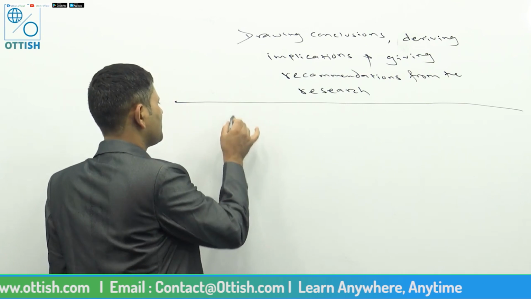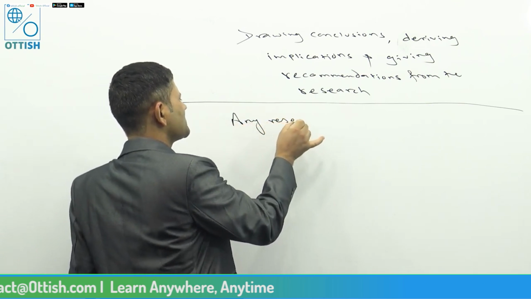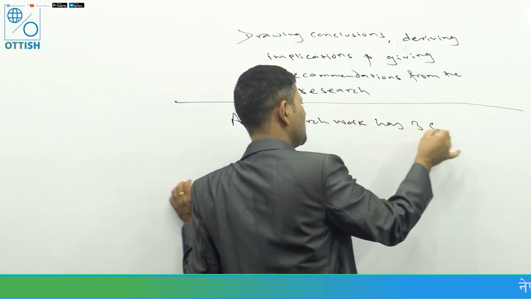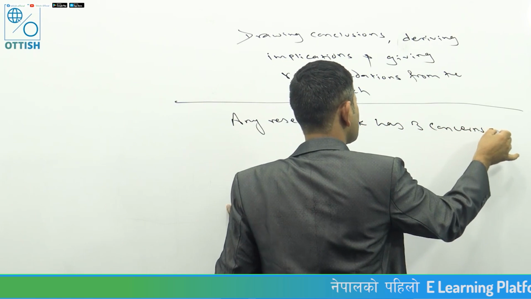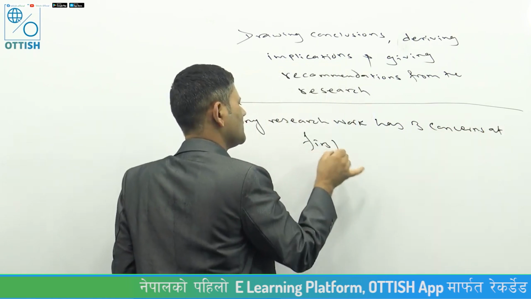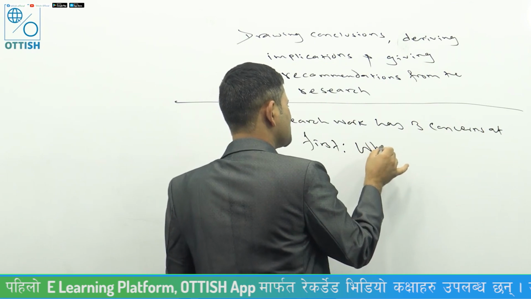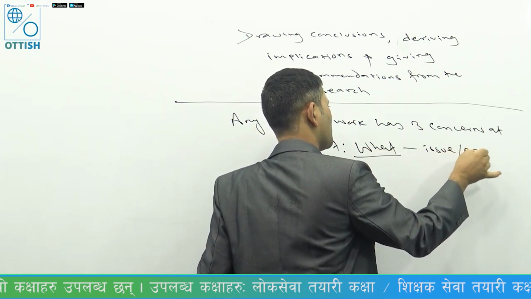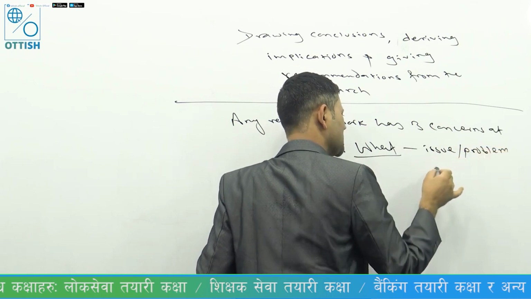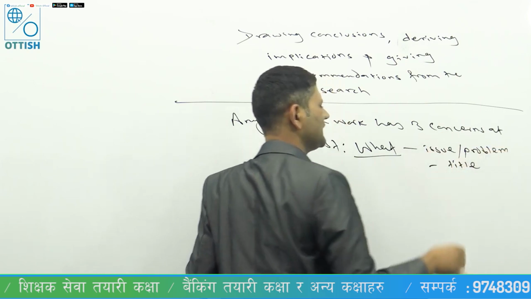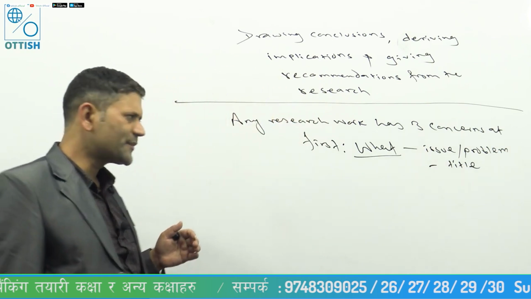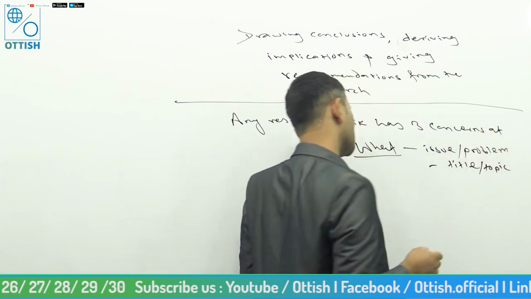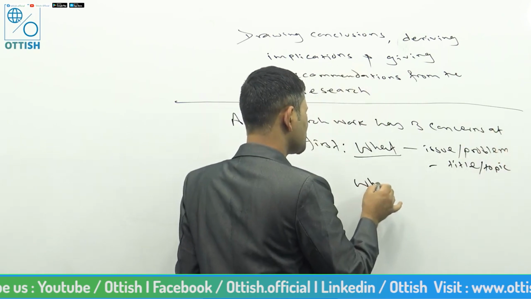So any research work has three concerns at first. What to study: the issue or problem, we can say the title of our study. We need to select a topic or a title for a research. Then why to study?